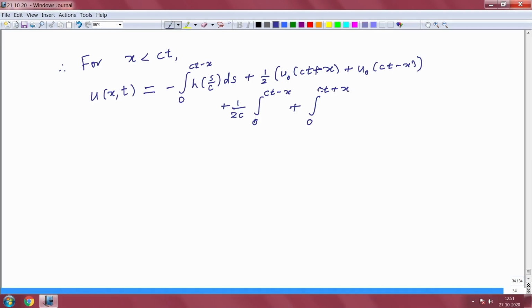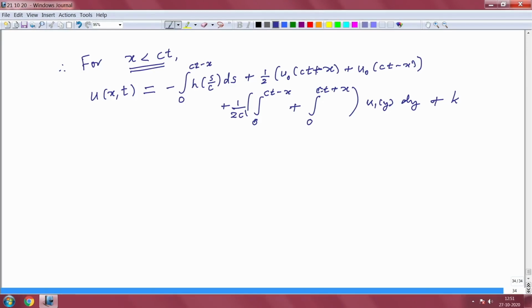So, you have 2 integrals here of the same function, the integrand is same. Let us briefly write that, and there is always a, see earlier that was not there. So, now there is a constant of integration. Okay. So, then this is valid for x less than c t.